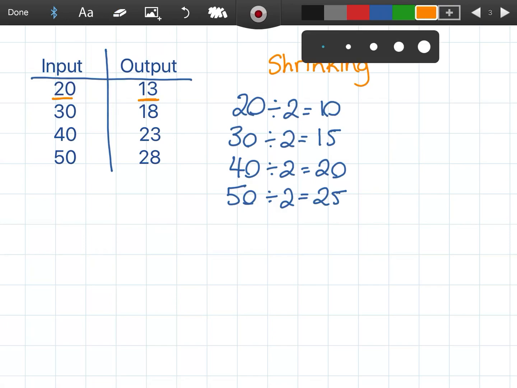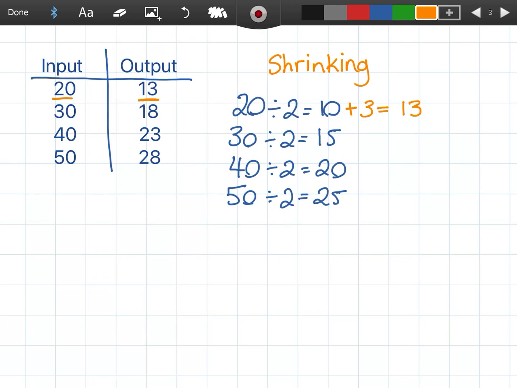So we know that 10 is smaller than 13, so we need to grow. I'm going to start with trying to grow. If I add 3 to 10, that gives me 13. If I add 3 to 15, it gives me 18. If I add 3 to 20, I get 23. And if I add 3 to 25, I get 28. So what we have here is a 2-operation machine.